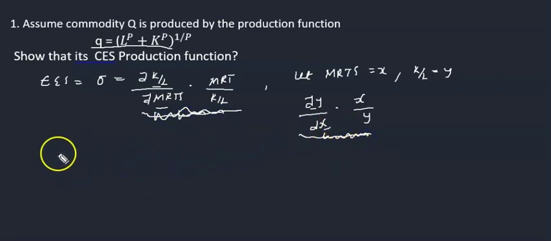So let's go on and find the MRTS, because we have it in here. We also need to find everything that we have in the formula. So let's begin with the MRTS.